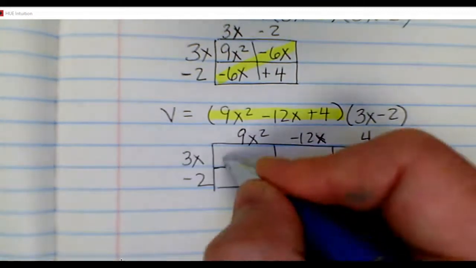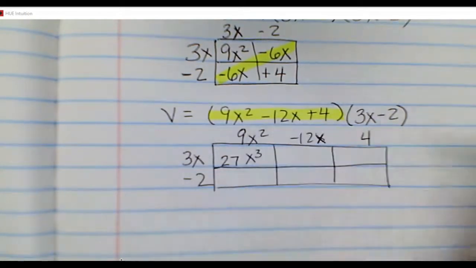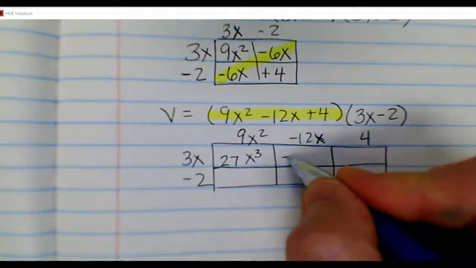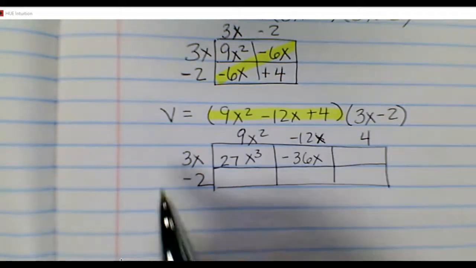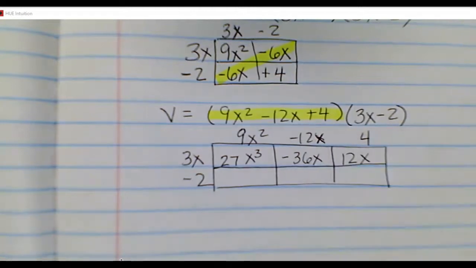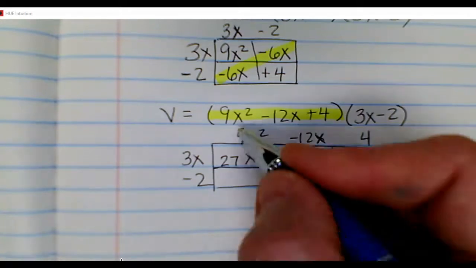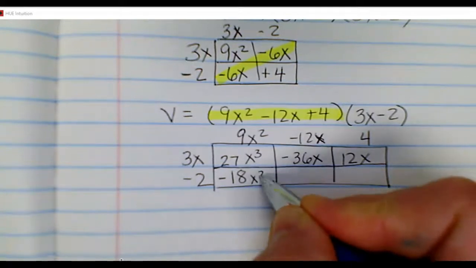So 9 times 3 is 27x times an x squared. 3 times 12 is a negative 36 with an x. 3 times 4 is 12, and that will have an x. 9 times 2 is 18. That'll be negative 18x squared.